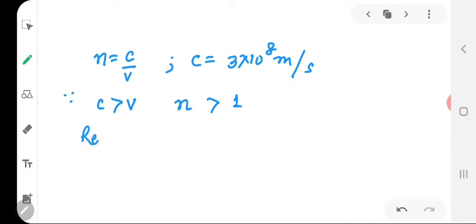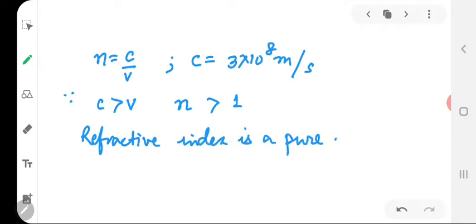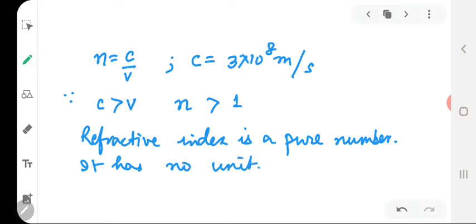Now apart from this, we also should understand that refractive index is a pure number. It has no unit.